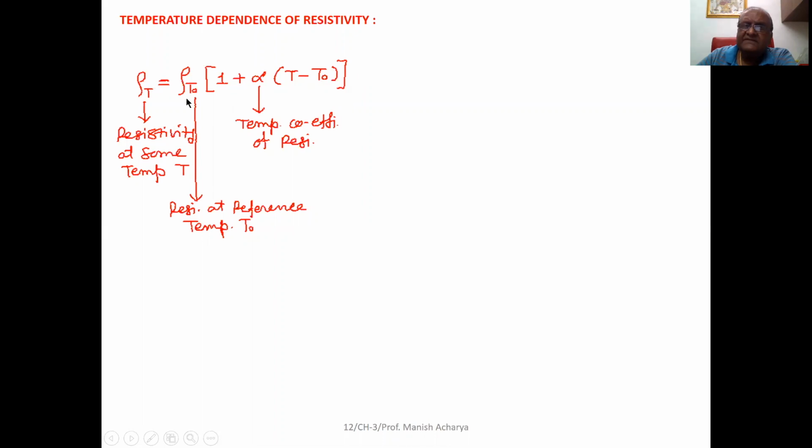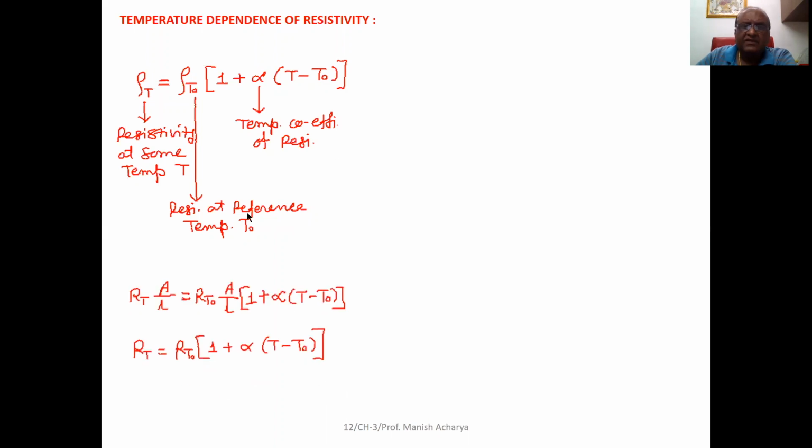Now the same type of equation we can write for resistance also. We know when resistivity increases, resistance will also increase with temperature. Resistivity rho is RA by L. So we can write R at any temperature T, times area of cross section of the conductor upon length of the conductor.